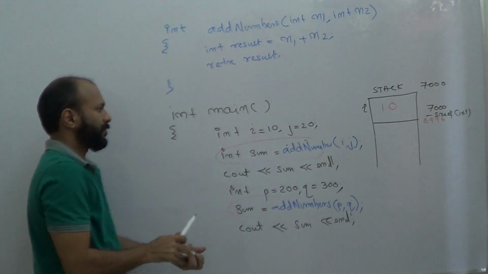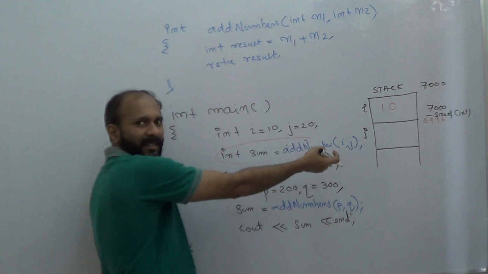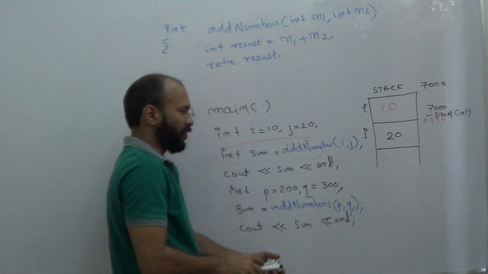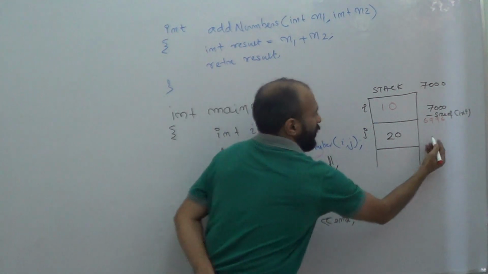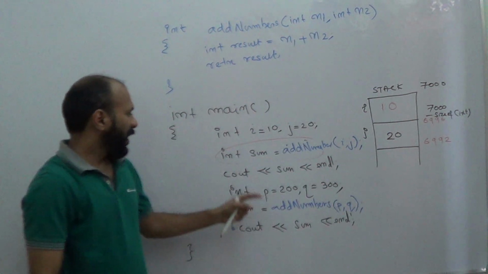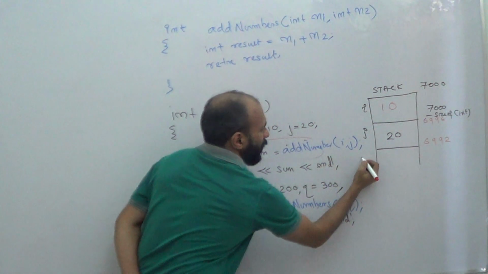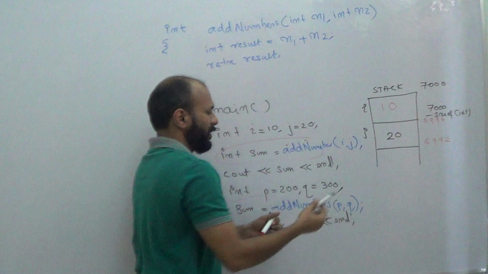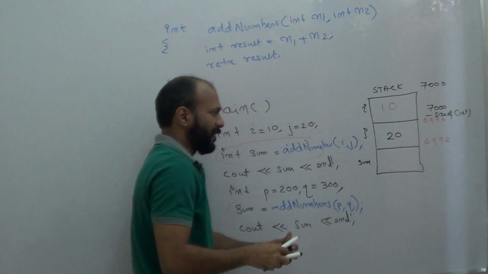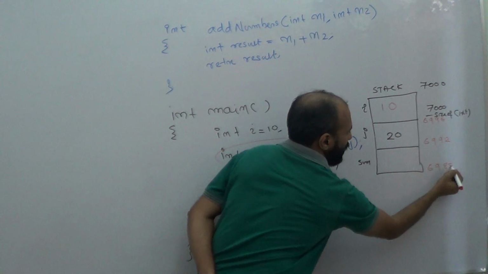Now again j, which is available inside the stack memory segment, the value will be 20 and the address of this j will be 6992. Again this sum is also available inside the stack memory segment and the address of the sum will be 6988.